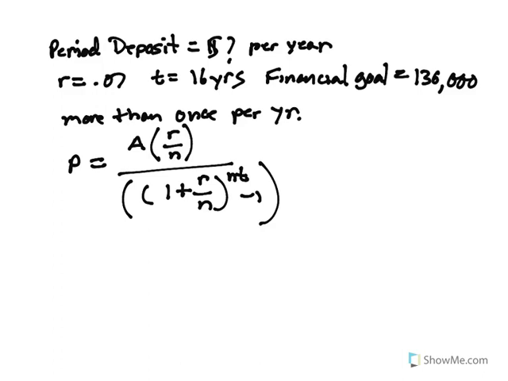Okay, so we know some information. We know A is going to be 130,000. Right, that's from this. We already know the rate, we know the time. N is going to be 1, okay, because it's compounded annually.